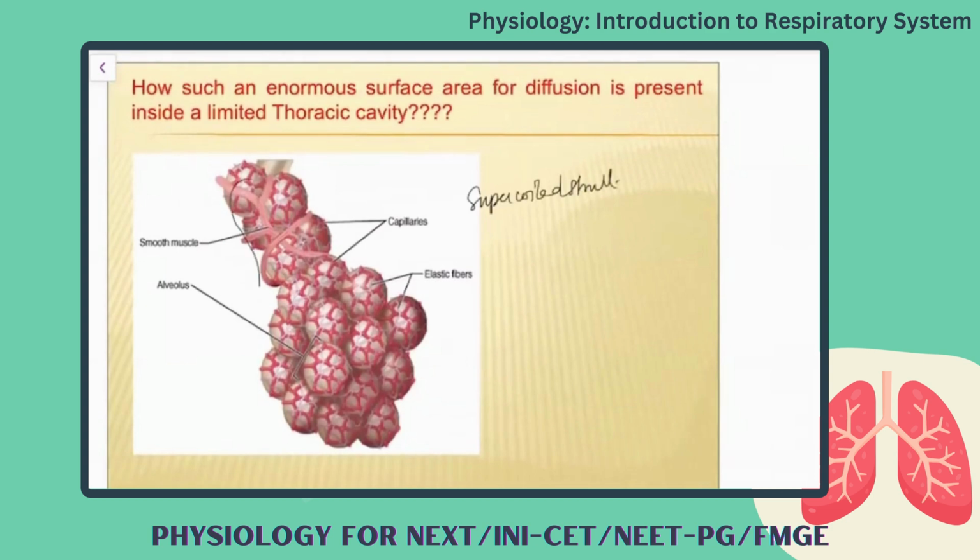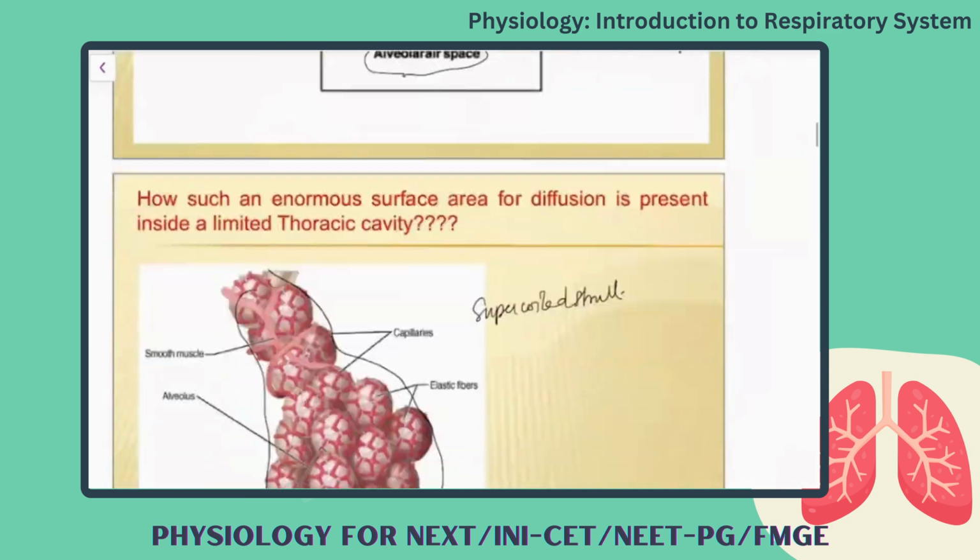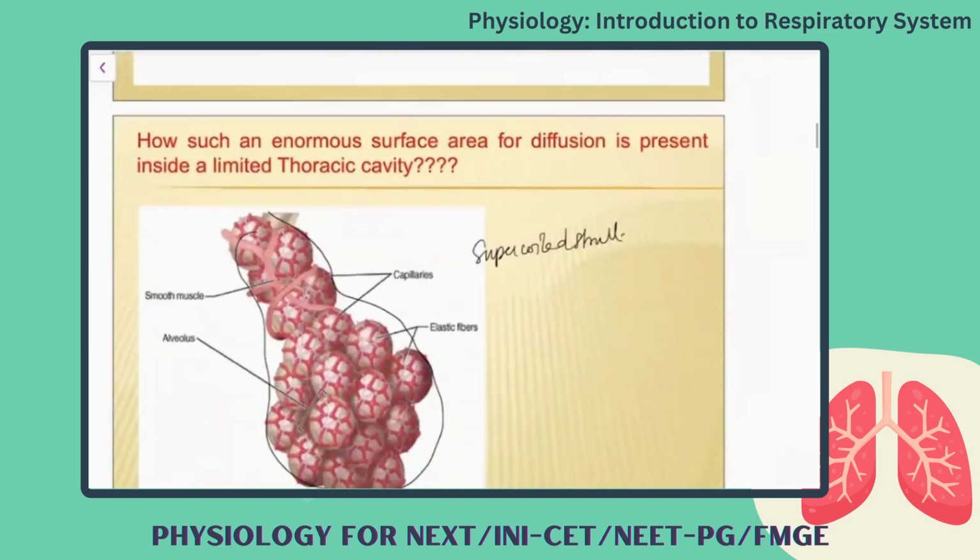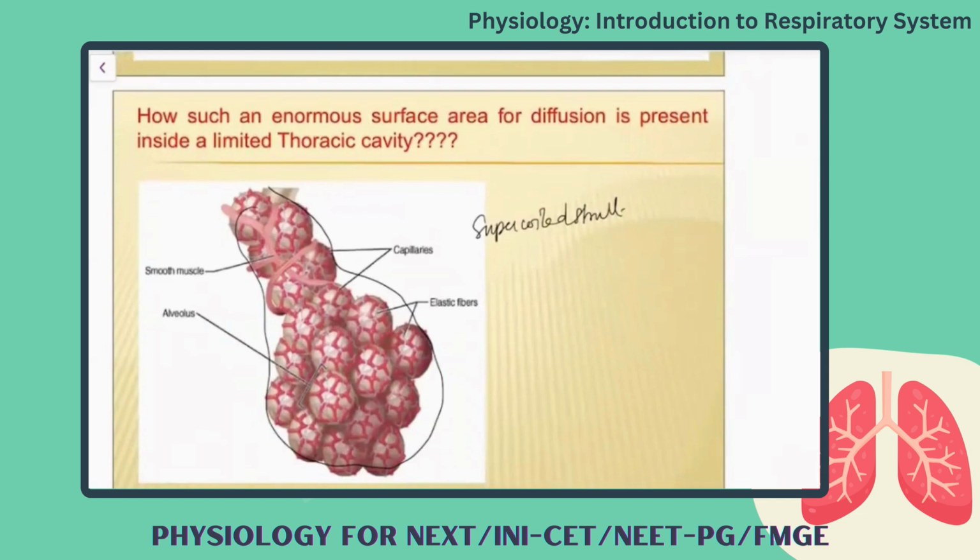See, the alveoli and the capillaries, all these will be supercoiled like this. So this makes the surface area increase so that more gas exchange takes place within the small lung cavity. So we have seen how the body surface area holds a large amount of alveoli and capillaries because of the supercoiled structural representation.